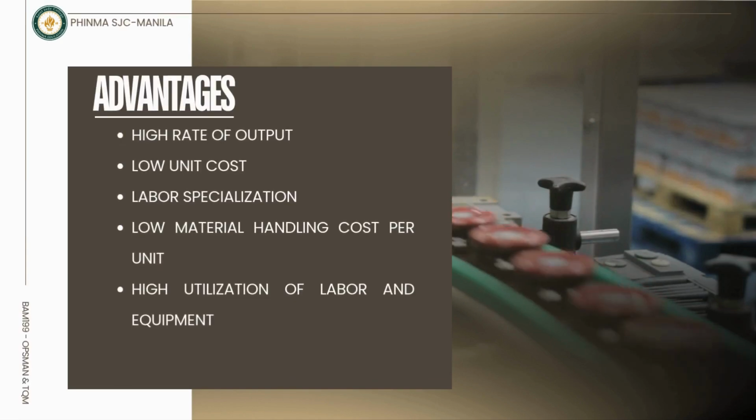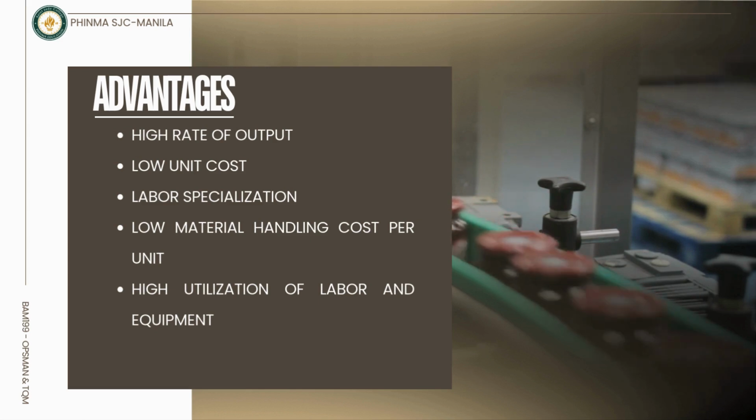But what are the advantages of utilizing the product layout? Of course, it gives you a higher rate of output because it's continuous. Just like what shows on the video, it manufactures bottled medicine or bottled jars with jam.